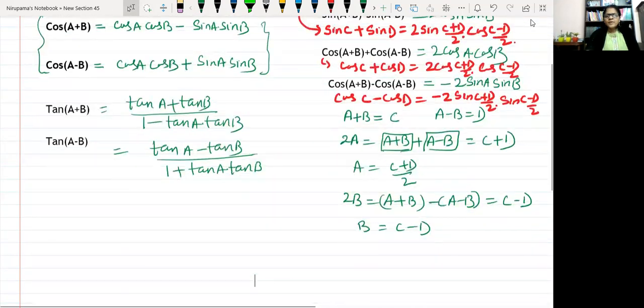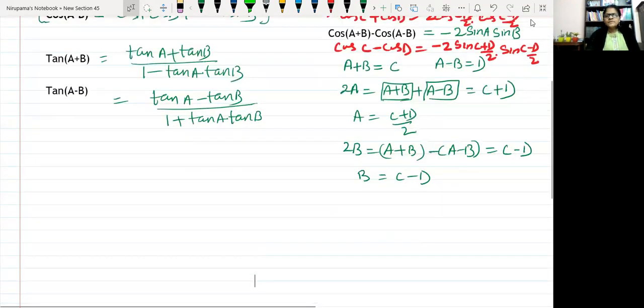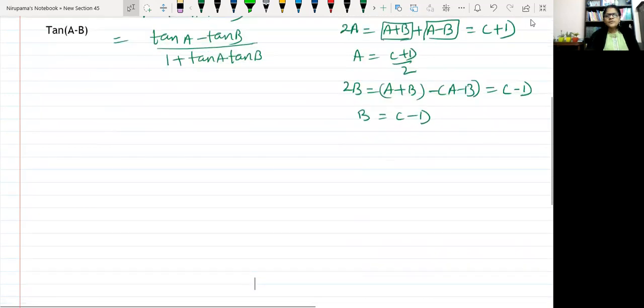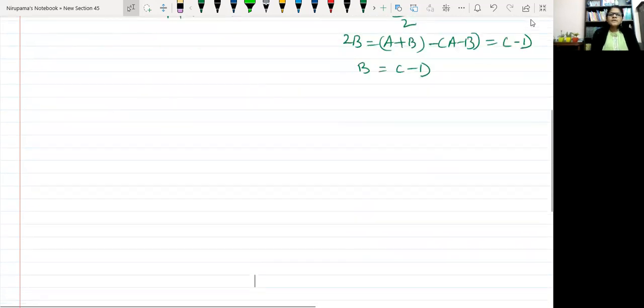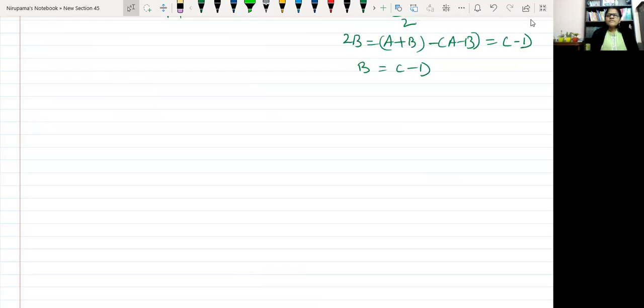Compound angles of sine, cosine and tangent, and also expressing the sum of two angles as a product, right? Like whenever you write sin(A+B) plus sin(A-B), you are getting 2 sin A into sin B. So what does it mean?